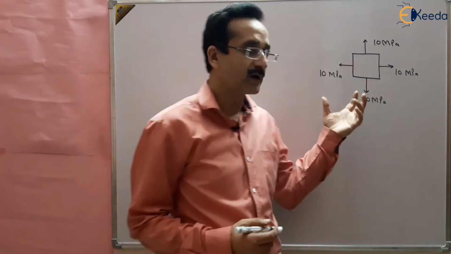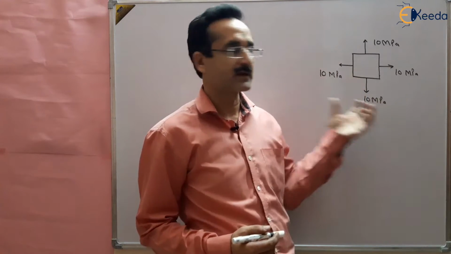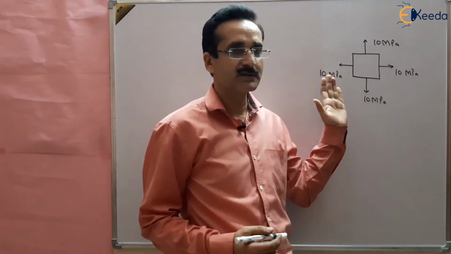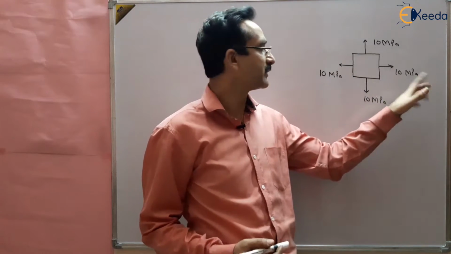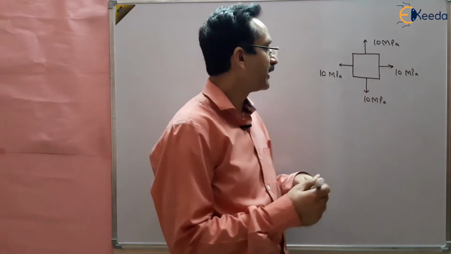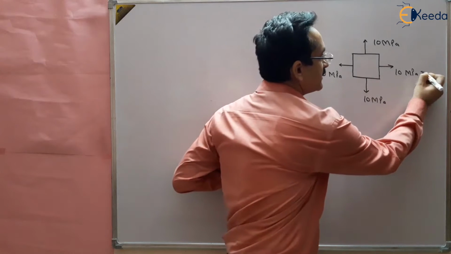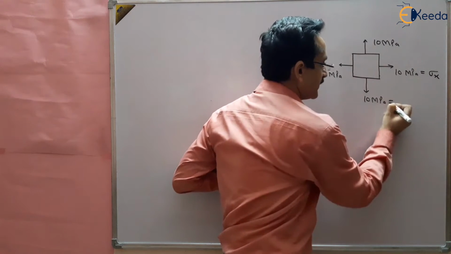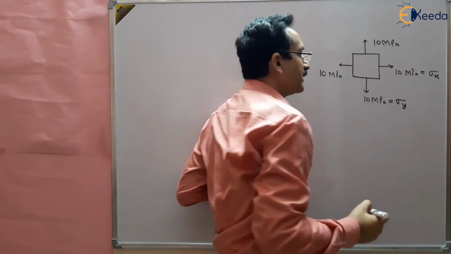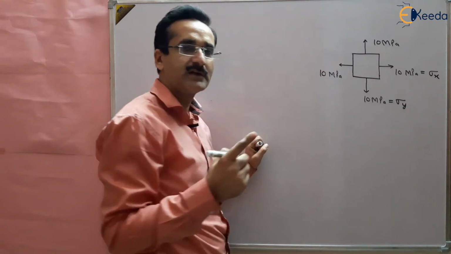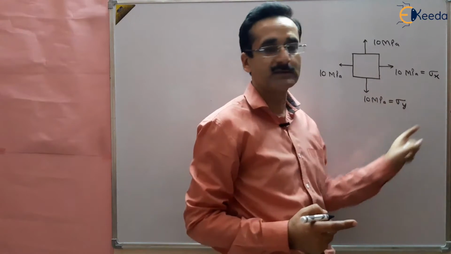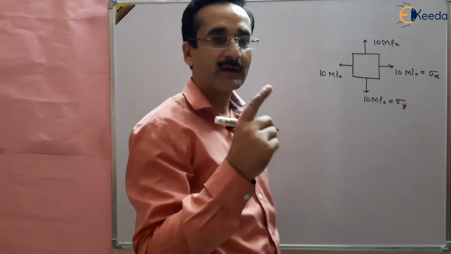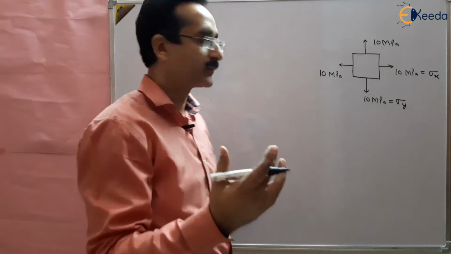In this question we are given a biaxial stress and the stress condition is the same in both directions: 10 megapascal in x direction, which we call sigma x, and 10 megapascal in y direction, which we call sigma y. You know that when the stress condition is the same and the sign is also the same, both being tensile in nature, the Mohr circle is actually a point, right?